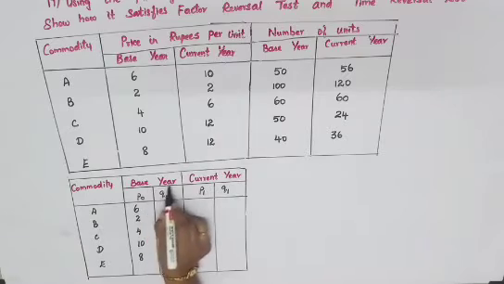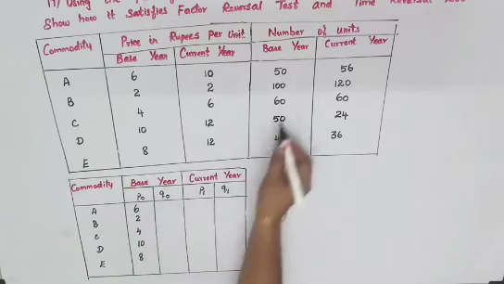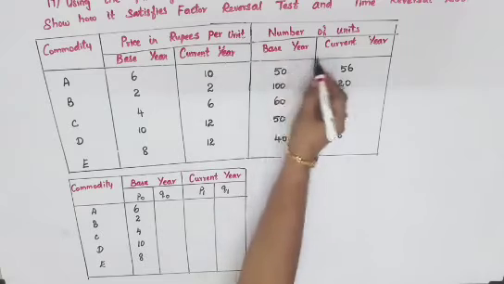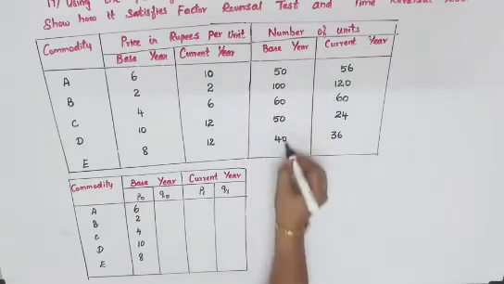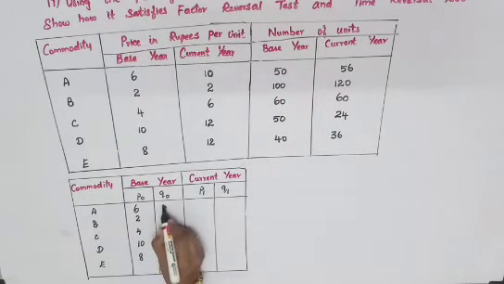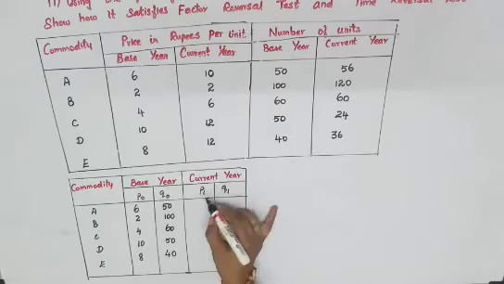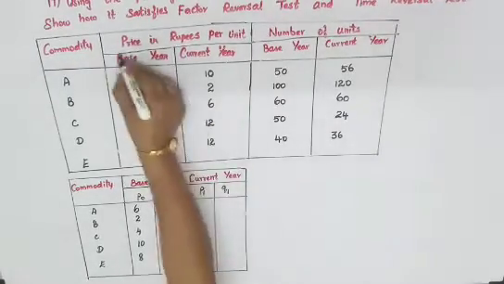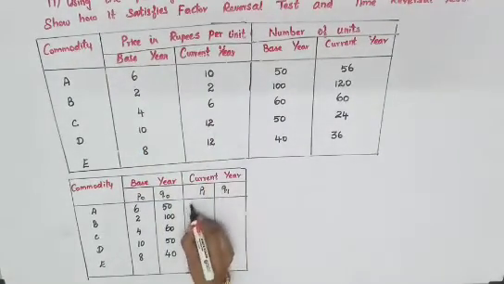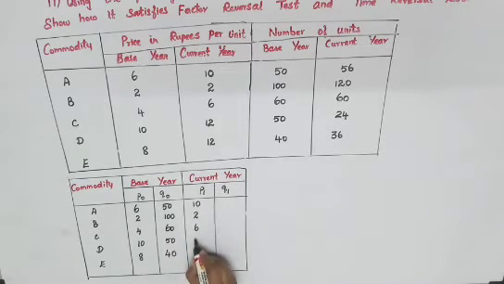Next is base year quantity, you will have to write it. Quantity is number of units for the base year. So this column: 50, 100, 60, 50, 40. So next is current year price. This column you have to write: 10, 2, 6, 12, again 12.